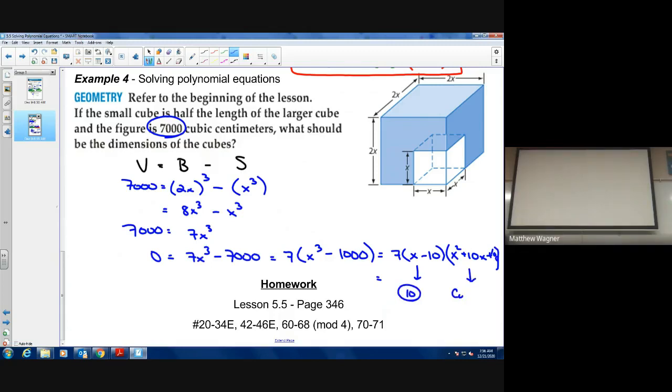For the other answers, if we figure out the discriminant, remember b squared minus 4ac, we would find it's a negative discriminant, which leads to two complex answers, which means the only answer that works is 10. So the dimensions of the small cube would have to be 10 by 10 by 10, and the dimensions of the big cube would have to be 20 by 20 by 20.